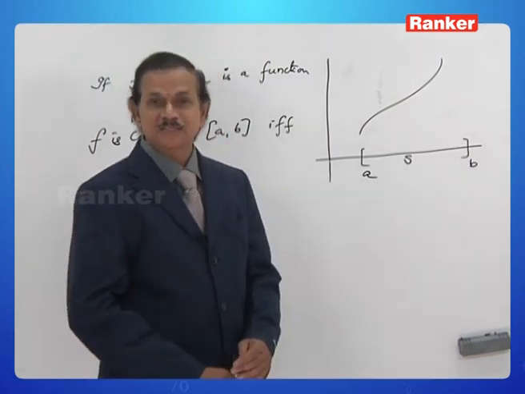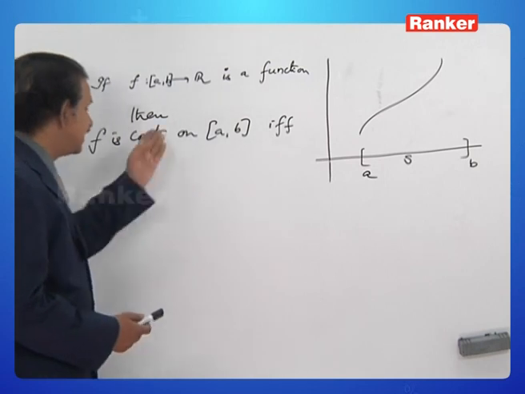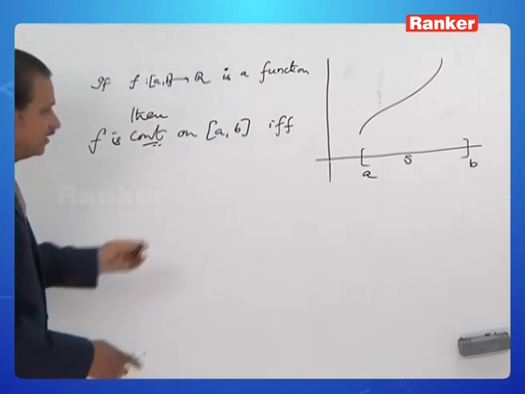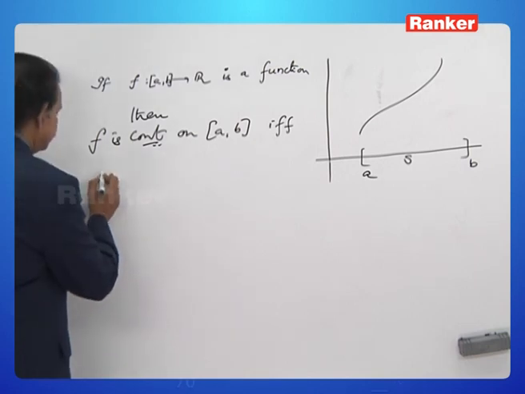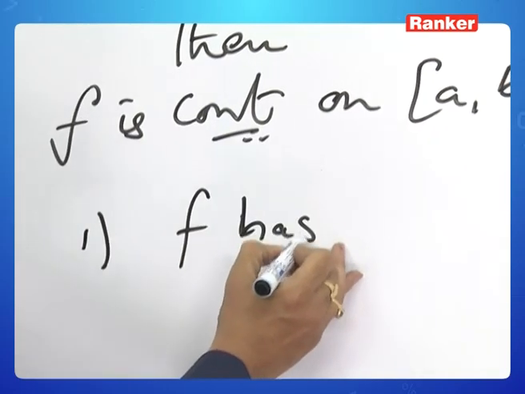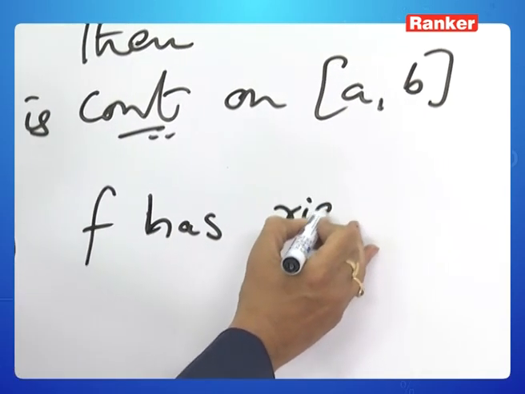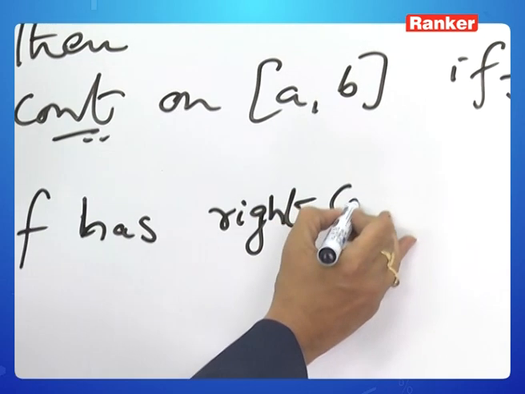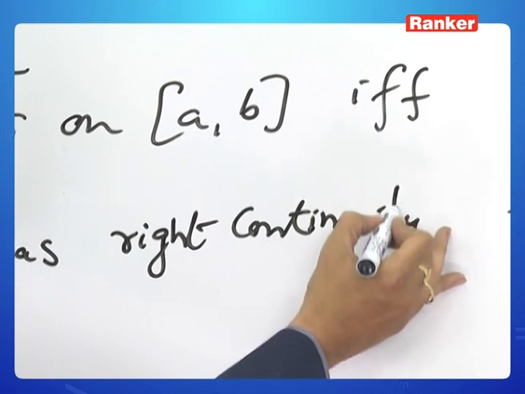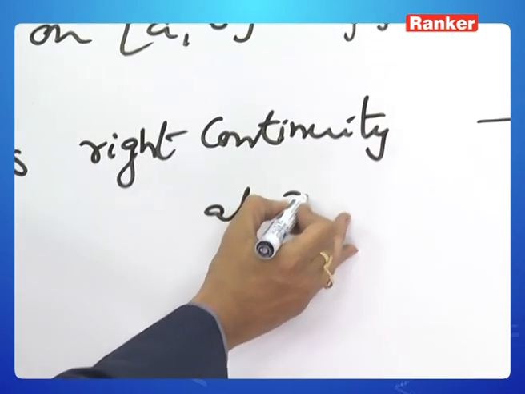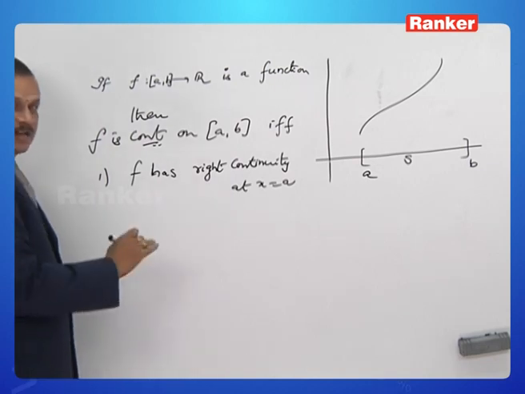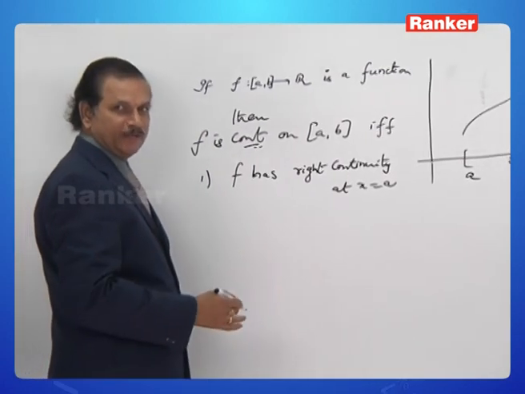Keeping all these things in view, this is said in the form of a definition. Number 1, f has right continuity at x is equal to a, because the region to the right of a is only involved in the domain.